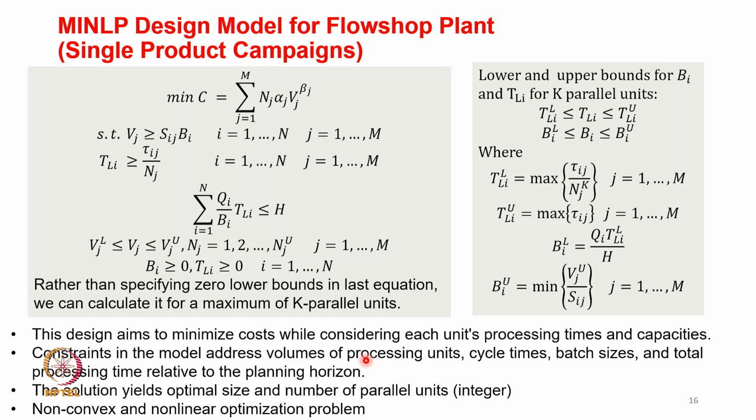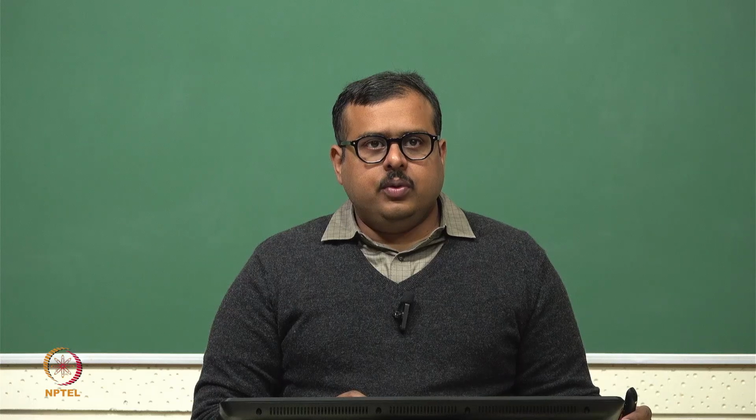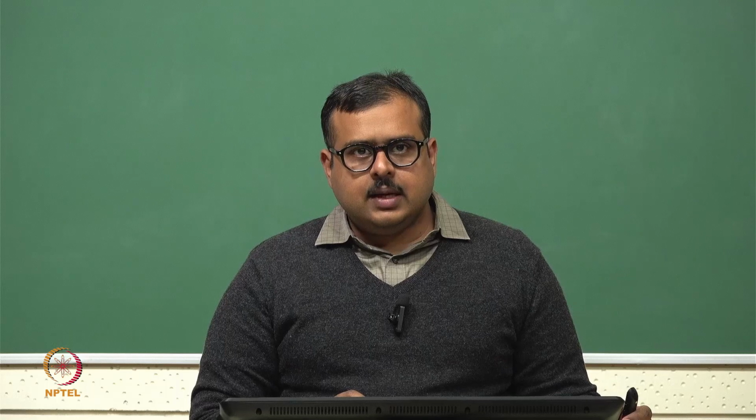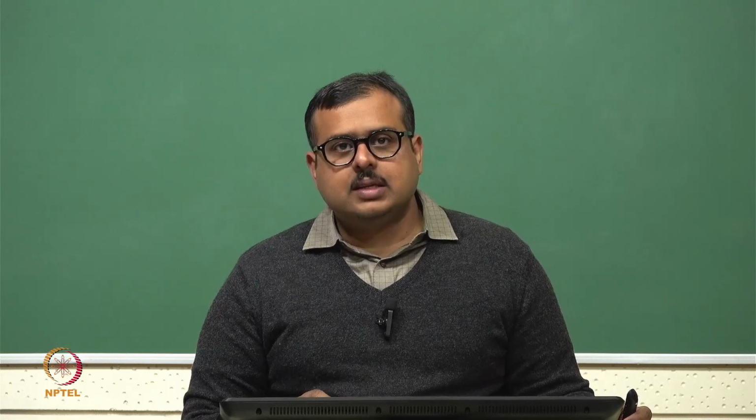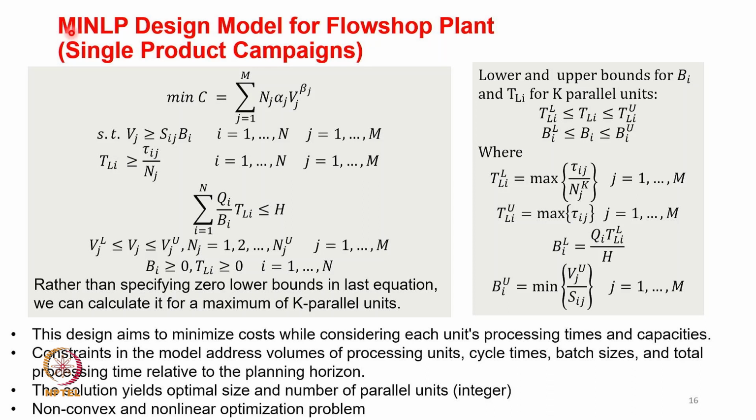And the solution, as I told, would give you the optimal size and the number of parallel units, which is of course an integer value, because we are solving a mixed integer nonlinear program. You can see some of these variables belong only to i, so i is equal to 1 to n, right? Some of these variables are integers in nature. I'm not going into how to solve it; for the details of MINLP, I again request you to recall your earlier lessons.